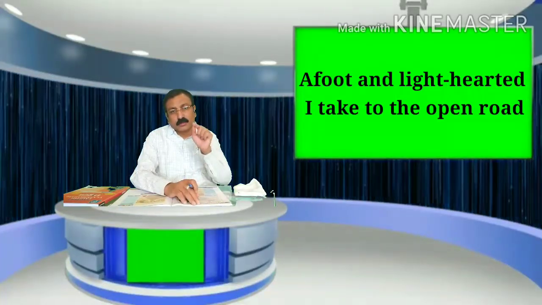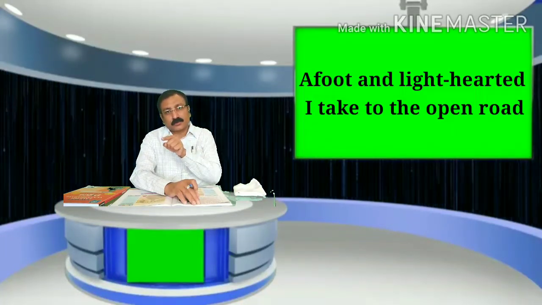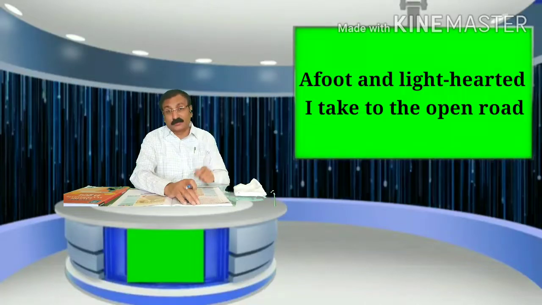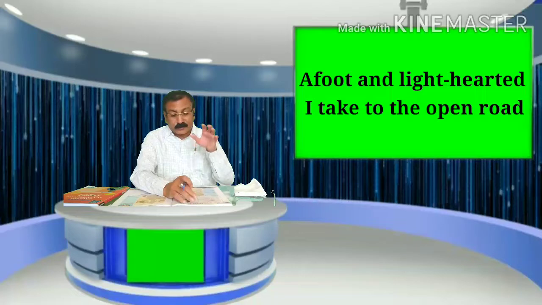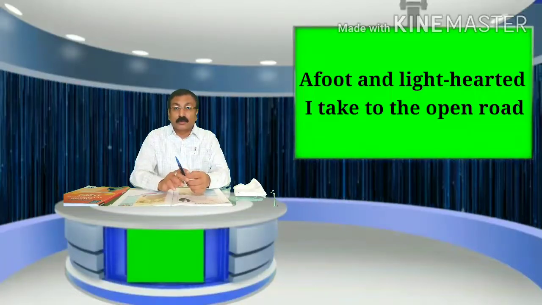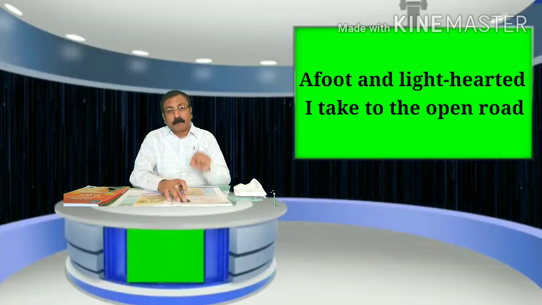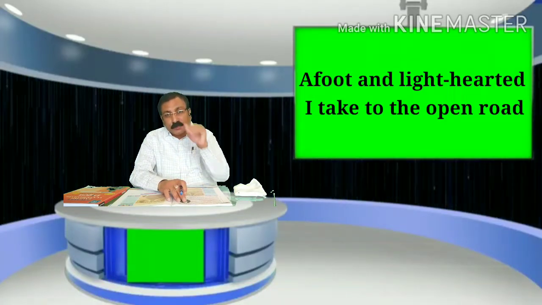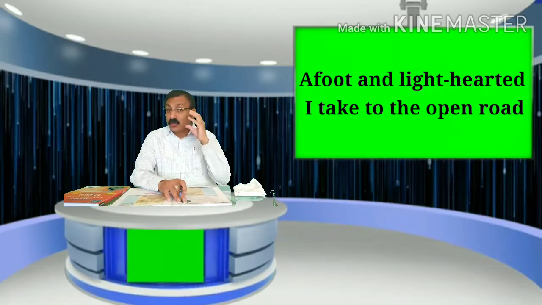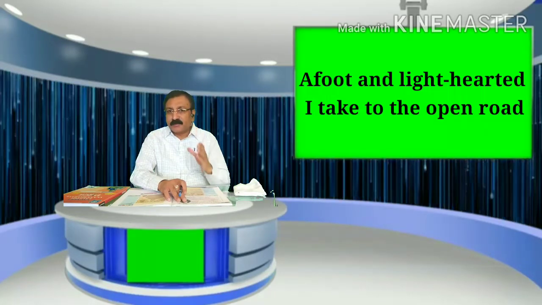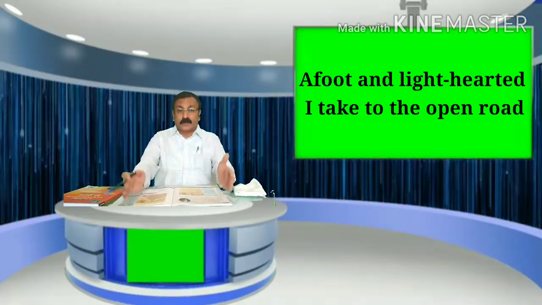Here the poet has changed the order of the words. The poet could have written this line in this way: I take to the open road a foot and light-hearted. Instead, the poet has employed the figure of speech inversion to place emphasis on the part a foot and light-hearted.